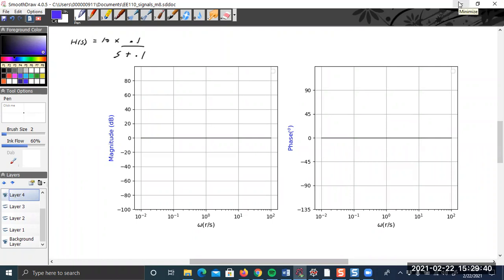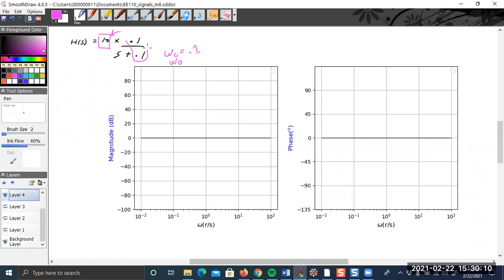So let's try to tie this together. Now I write these equations so that I always try to put the gain here so you can kind of see what it is, right? And then here, the cutoff frequency, omega C or omega naught, is 0.1.